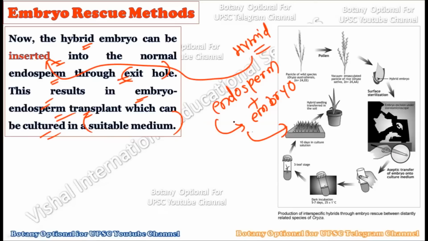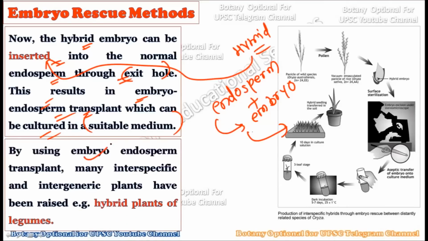So the embryo endosperm transplant method will be an important method from the mains examination point of view, because literally by this name UPSC can ask you the question: what is the application of the embryo endosperm transplant method? Now consider, by using the embryo endosperm transplant, many interspecific as well as intergeneric plants have been raised. Till now we have raised many plants by using this particular technique.